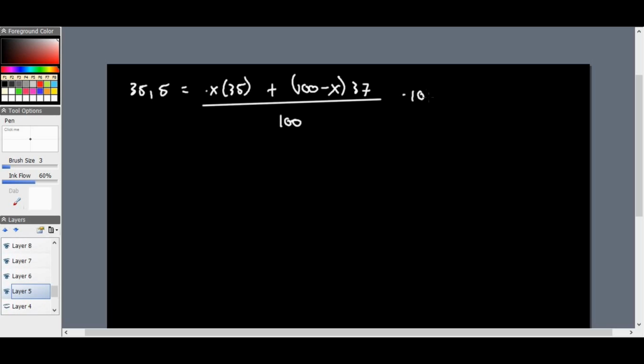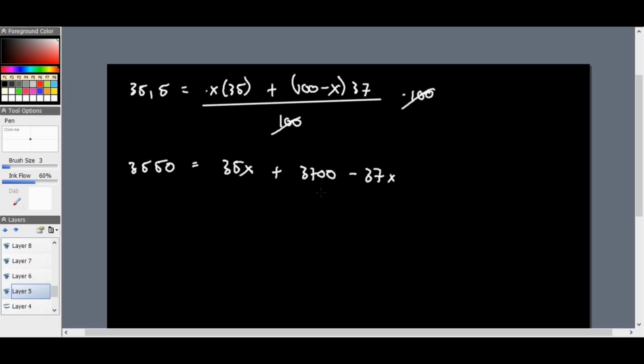So let's times 100 on both sides. We'll get 3,550 is equal to 35x plus 3,700, which is 37 times 100, minus 37x, of course.